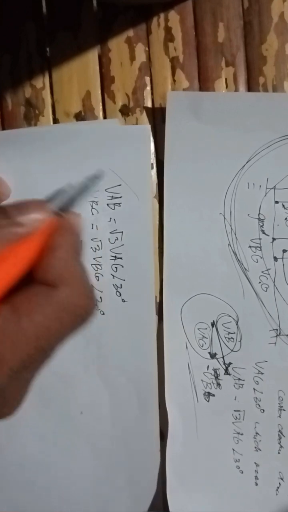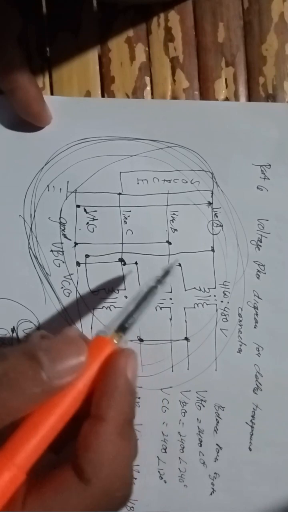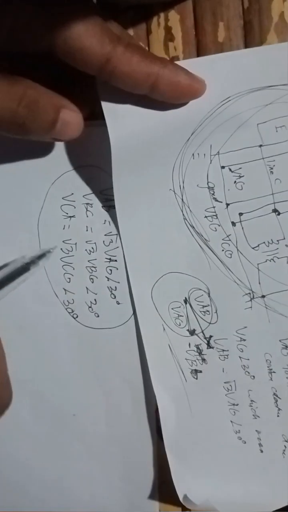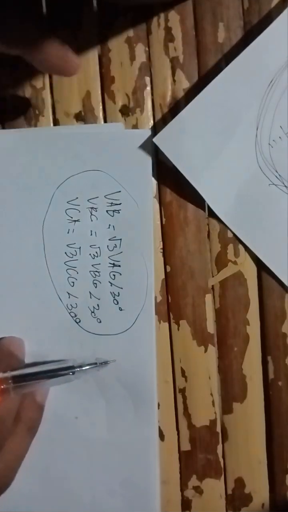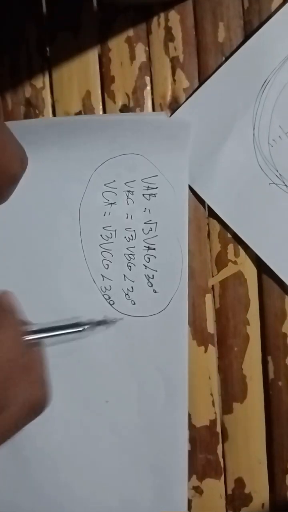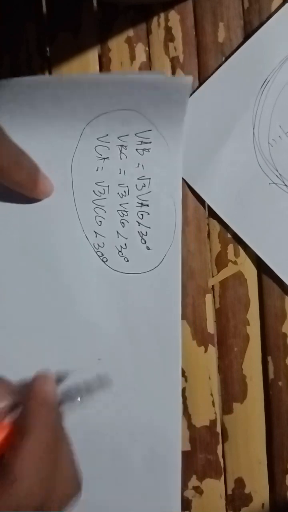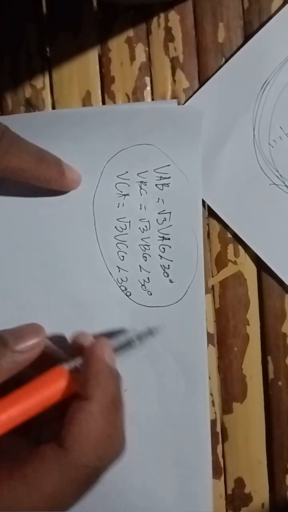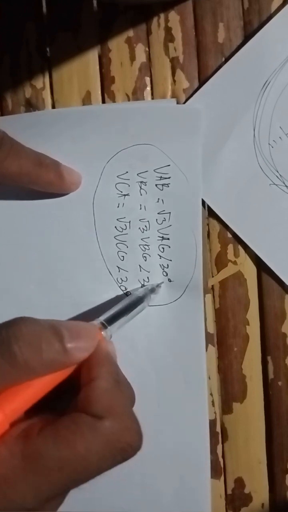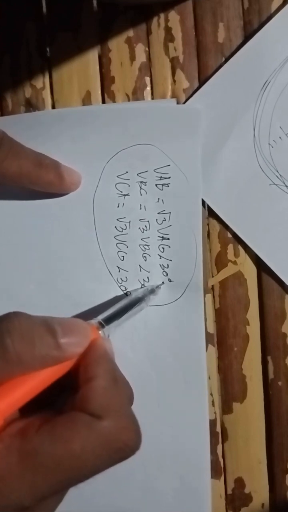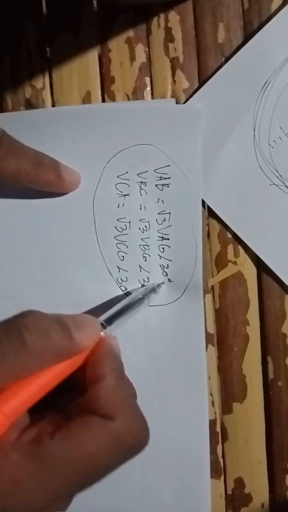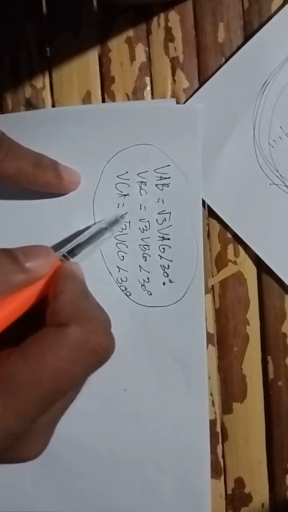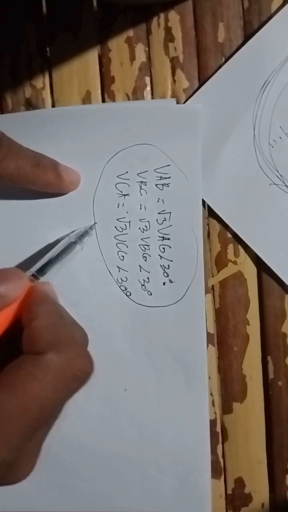So this equation comes from the earlier equation, and we use it to make the phasor diagram. VAB is the line-to-line voltage, same as VBC and VCA.